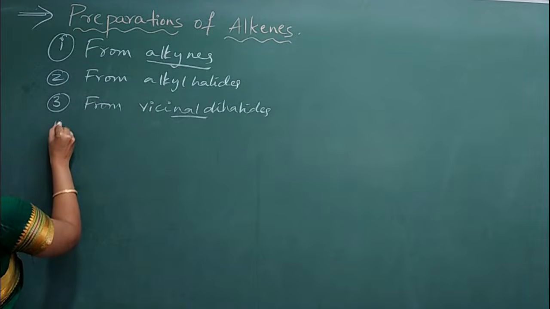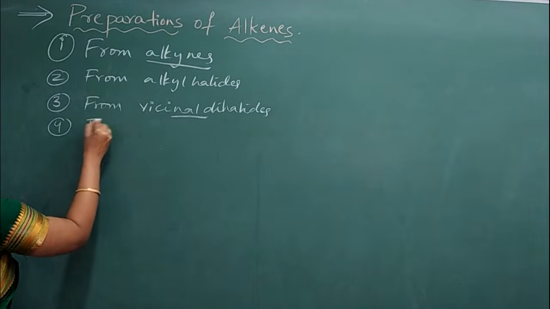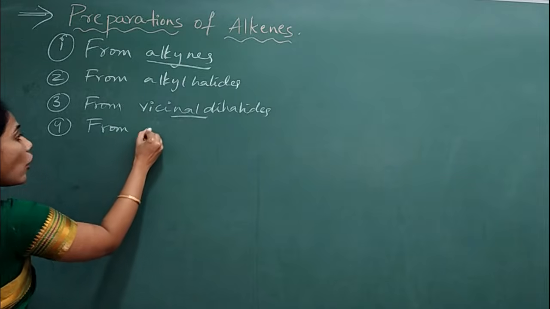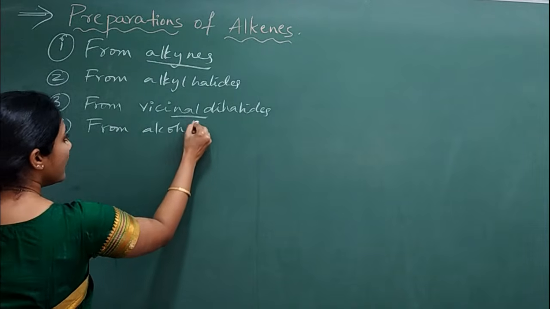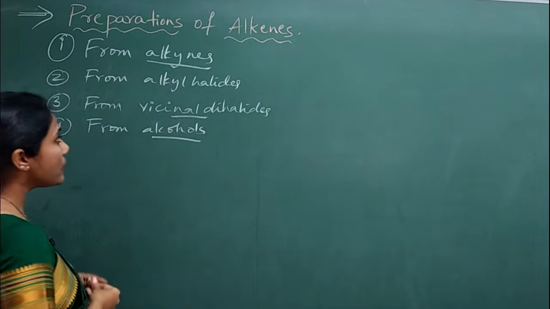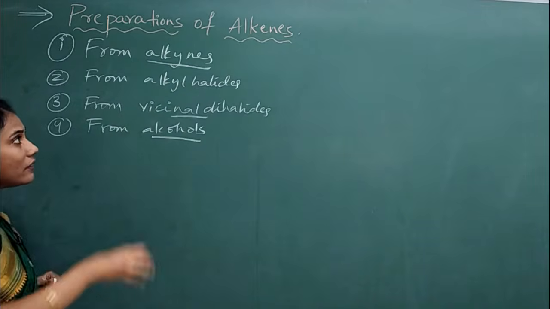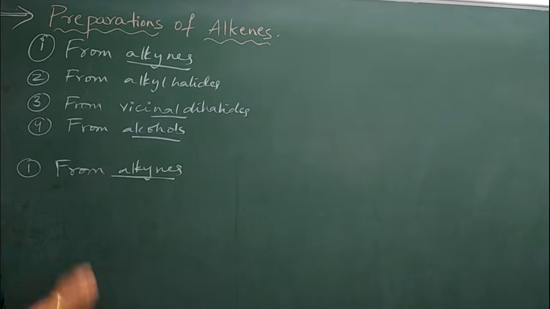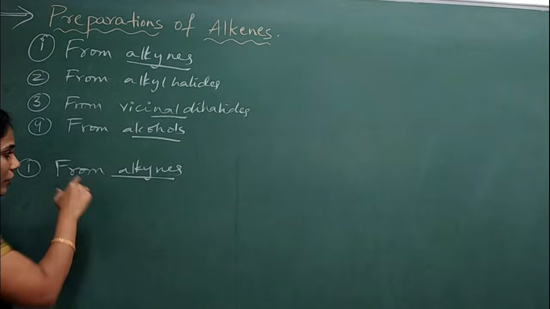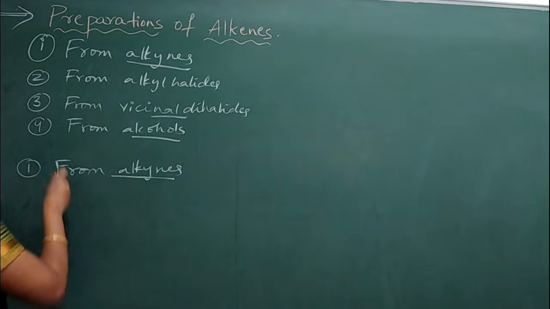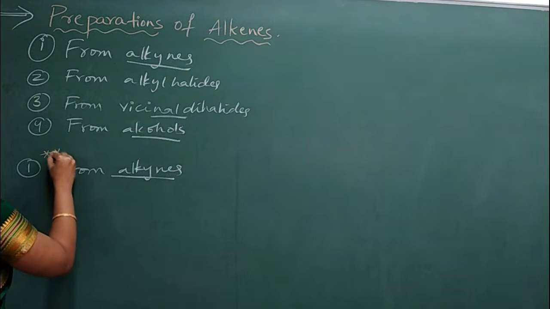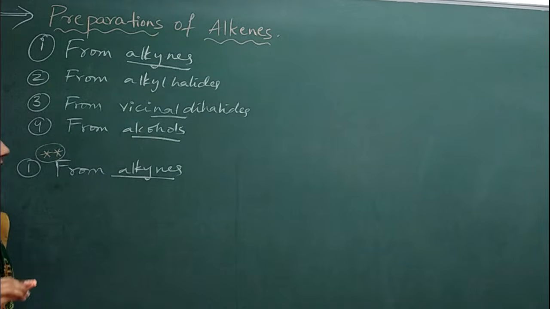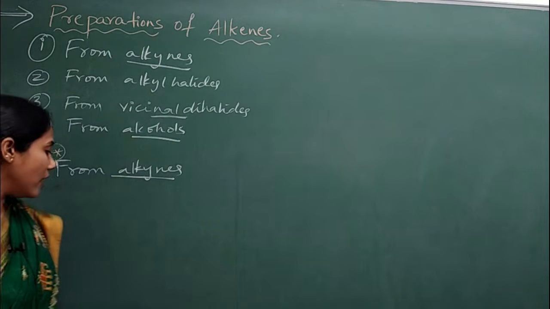And coming to the fourth method, you can prepare from alcohols also. Right? So now we are going to study the reactions one by one in a detailed way. Let us first prepare alkenes from alkynes. This is a very important reaction that you need to understand because there is a slight variation here.